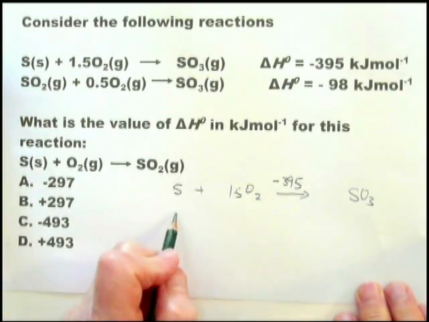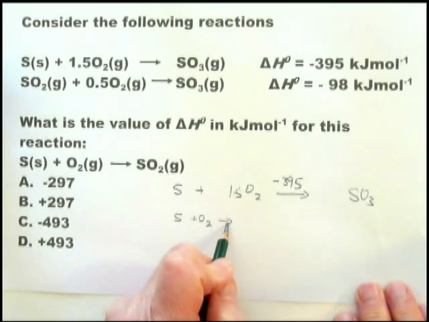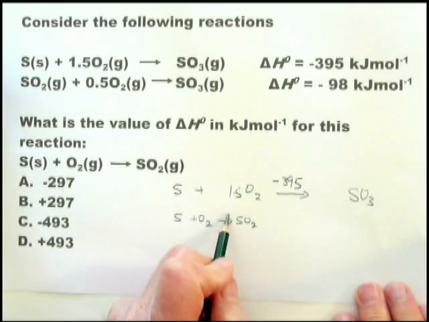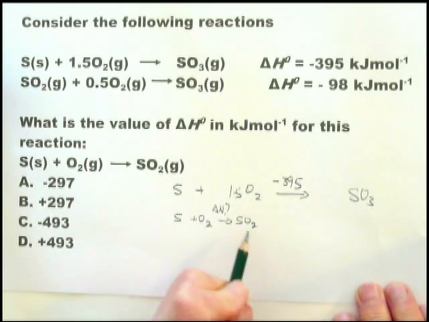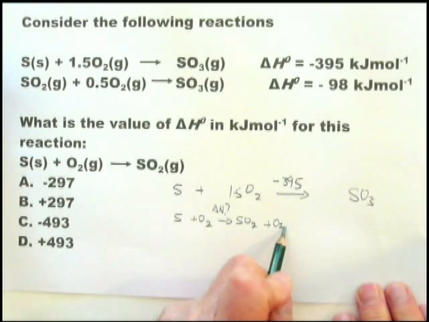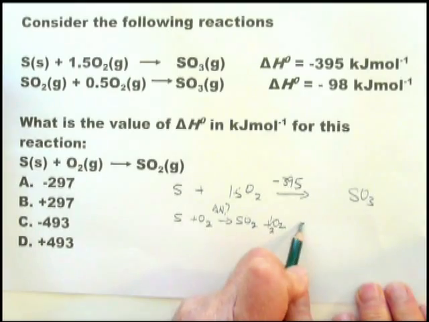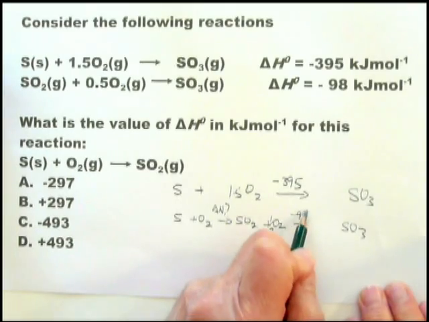Here, sulfur plus O2 goes to SO2, and that is the unknown, delta H unknown, and then the SO2 plus oxygen, half a mole of oxygen, goes to SO3, and it's minus 98.